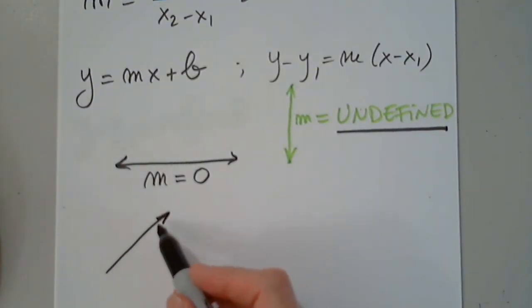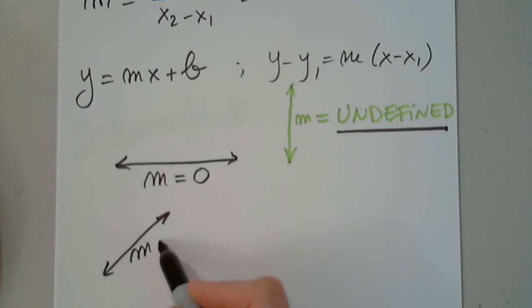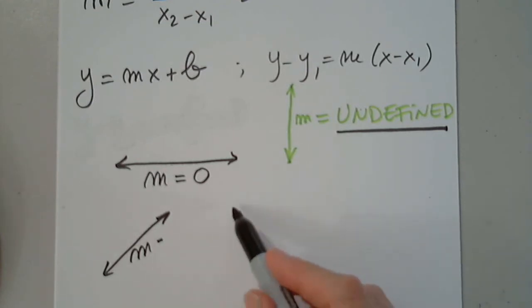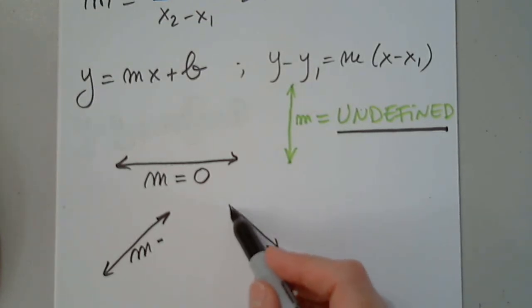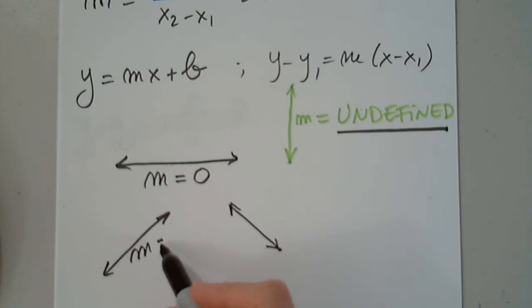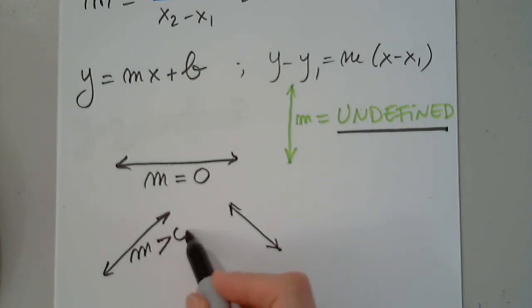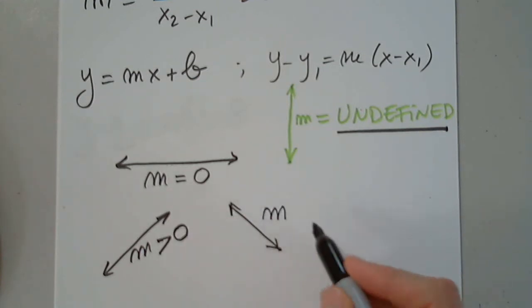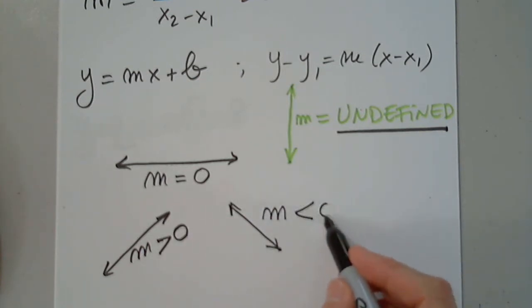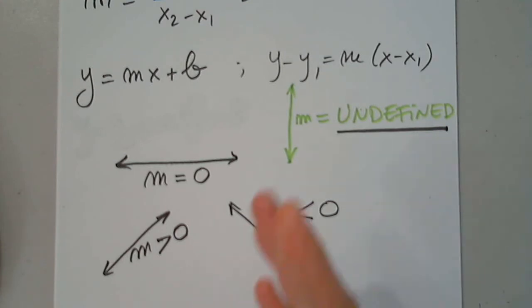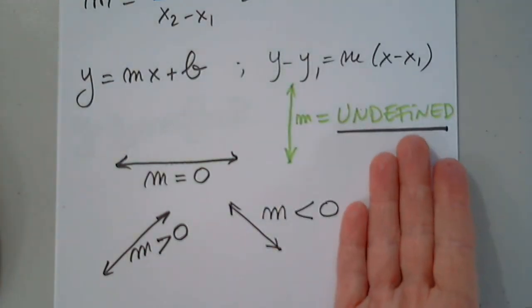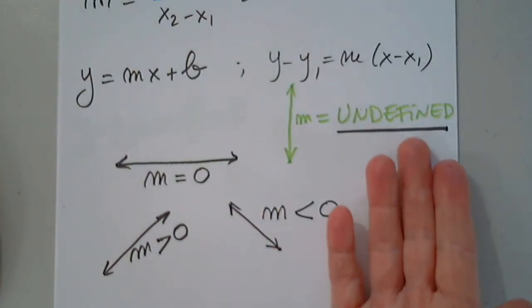What about this? What type of slope is this? And what type of slope is this? Positive. And what type of slope is this? Negative. That's it. So please remember, vertical lines do not have slope. The slope is undefined.